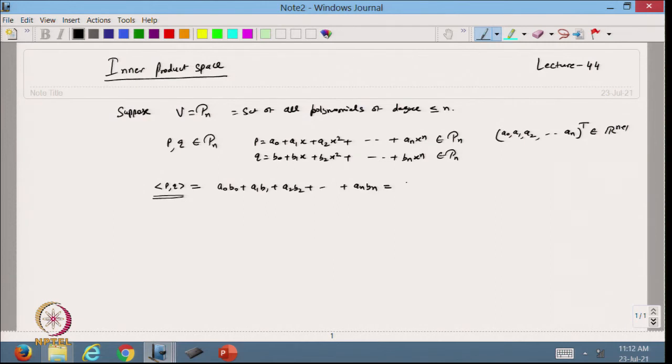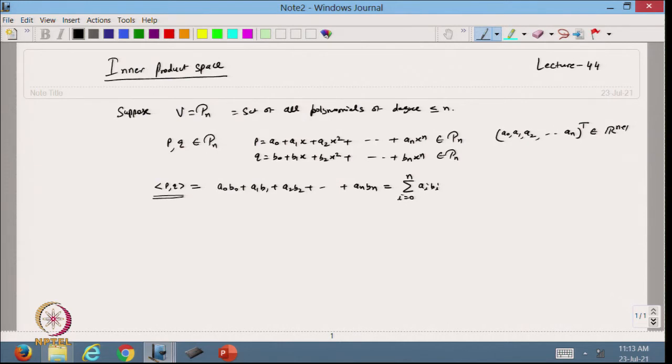This is the same as the sum of ai times bi, i from 0 to n. So, we are taking a simple dot product of the coefficients of the given polynomials.